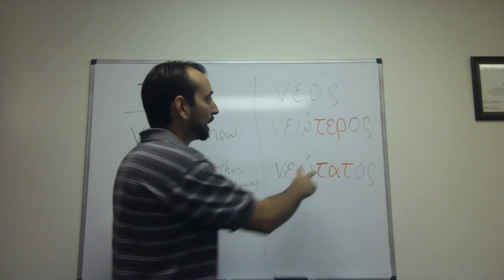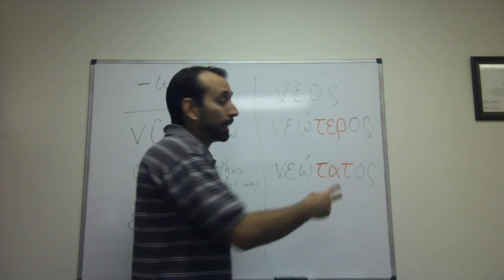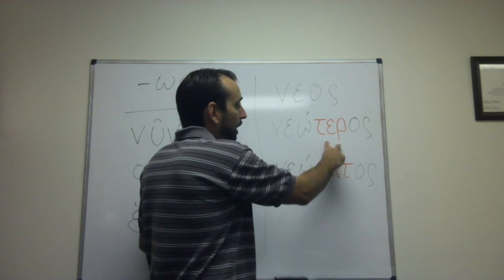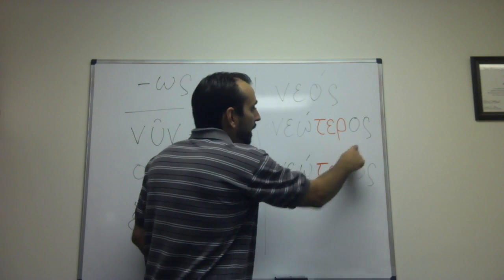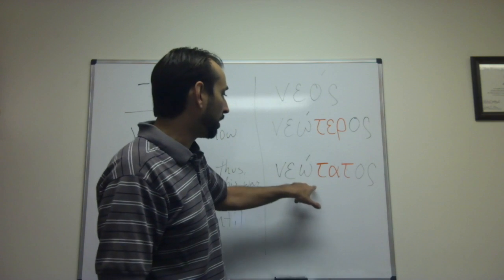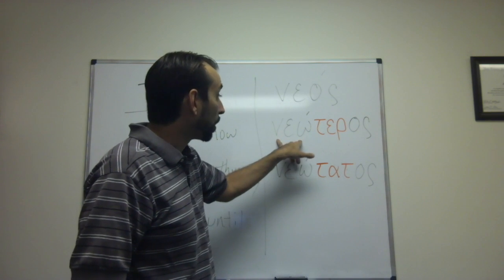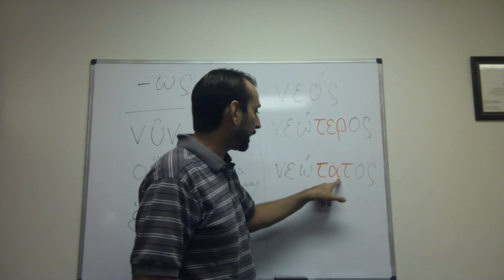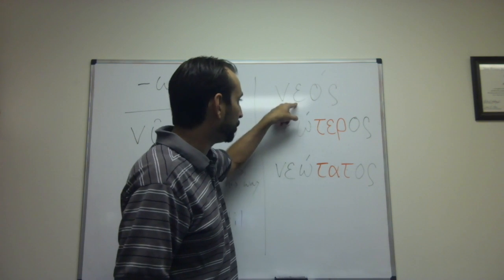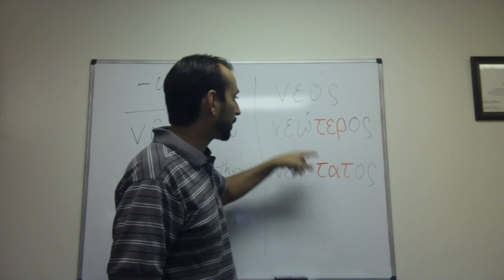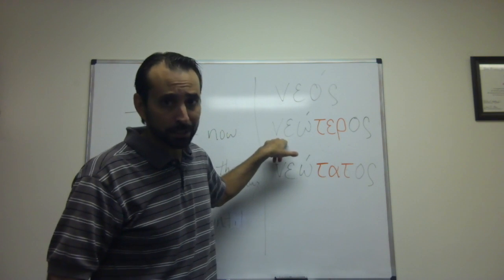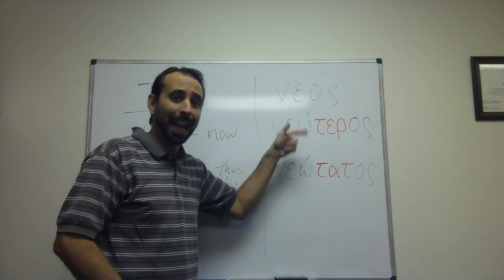Well, in Greek it does the same way, and what you just have to learn is that this is the suffix, ter and tot. So anytime I add that ter at the end of the word, it really is a suffix now that I think about it, then what I'm getting is a comparative idea. So new, newer, newest. Now, because these are adjectives, you add these 2 to adjectives.